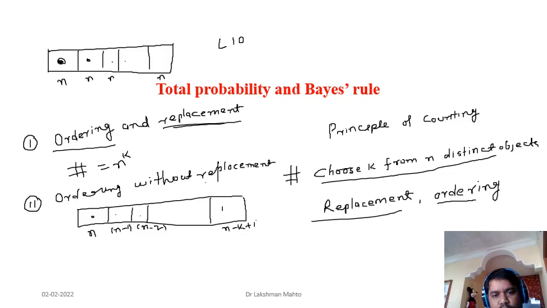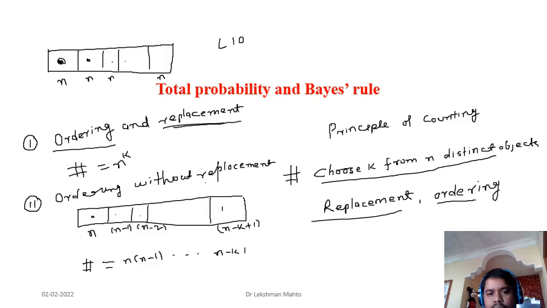So the product rule is acting here. The total number of ways of choosing k objects from n distinct objects would be n into n minus 1, and so on up to n minus k plus 1. The product or multiplication rule comes in because this activity happens in a sequential manner, that is, the tree approach.